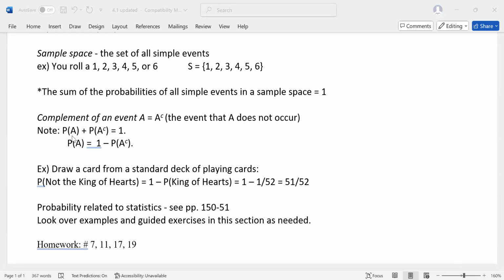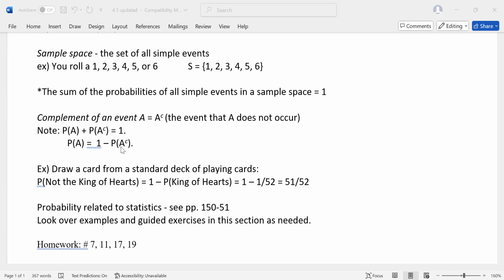So if you take the probability of A plus the probability of A complement, they have to add up to 1. Which means if you subtract the probability of A complement from both sides of the equal sign, you have that the probability of A equals 1 minus the probability of A complement.